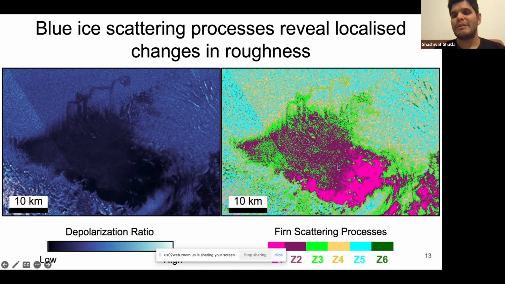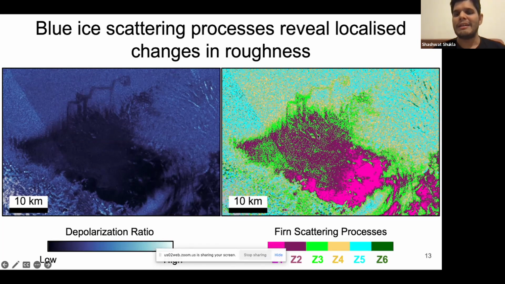Whereas in this particular region, which is a bit darker tone, the roughness changes to a smaller, smooth to medium roughness. So it clearly indicates that there is a localized change in the roughness, which we can't see from the SAR image directly, even if we have different polarizations.